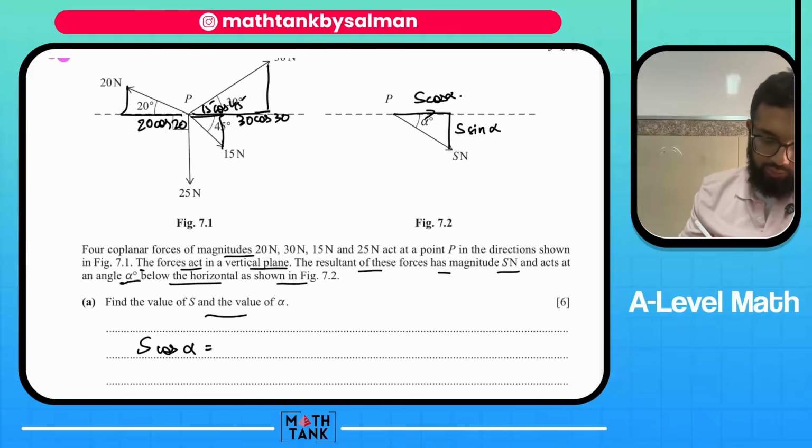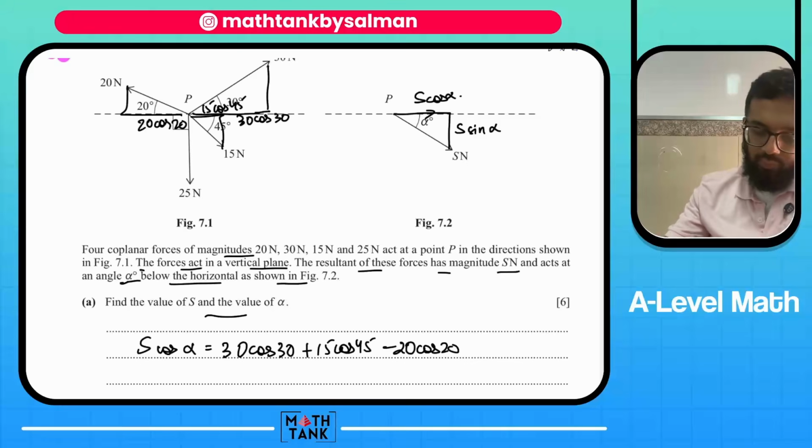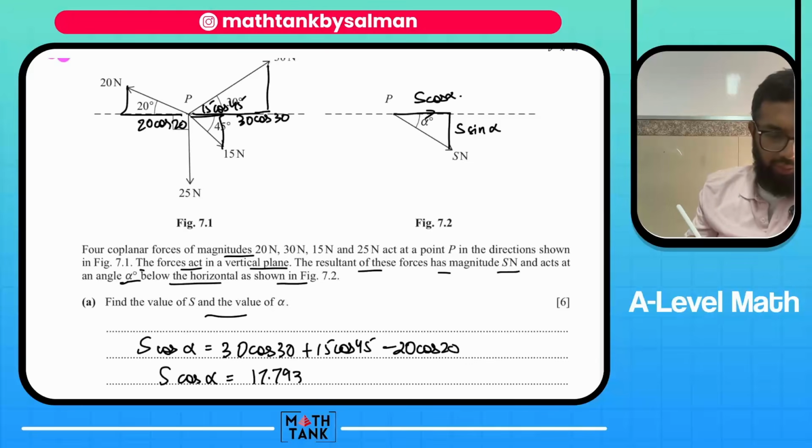So the horizontal resultant is going to be 30 cos 30 plus 15 cos 45 minus 20 cos 20. So S cos alpha is coming out as 17.7935.